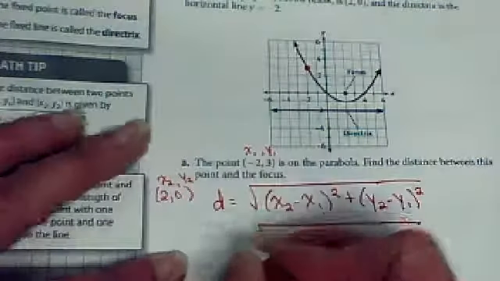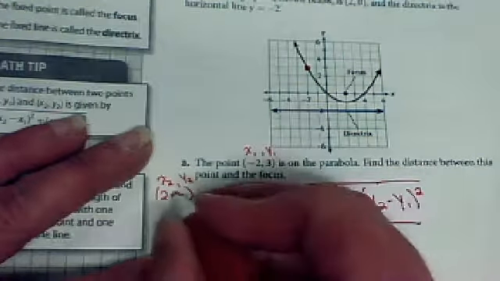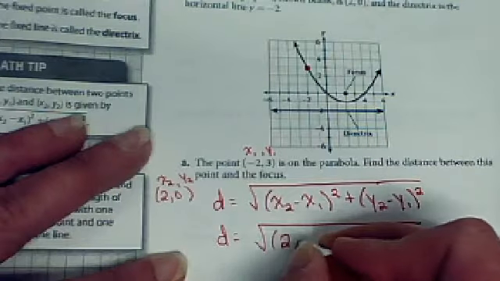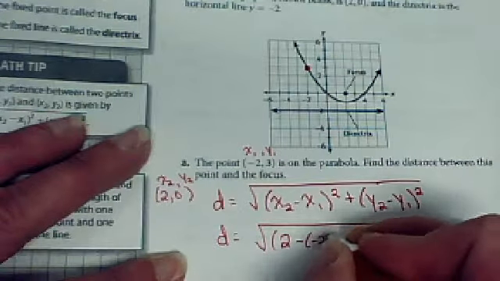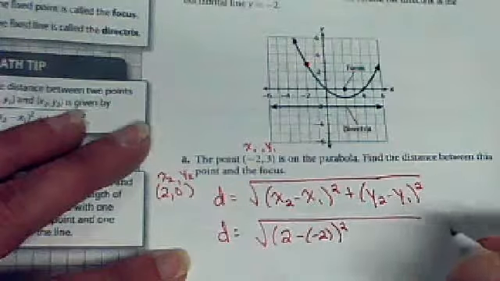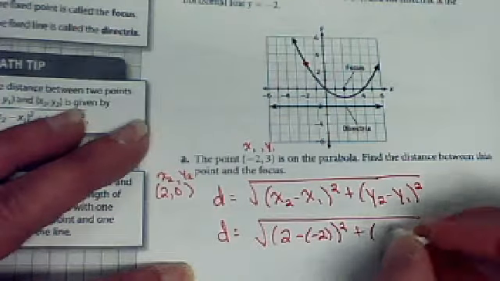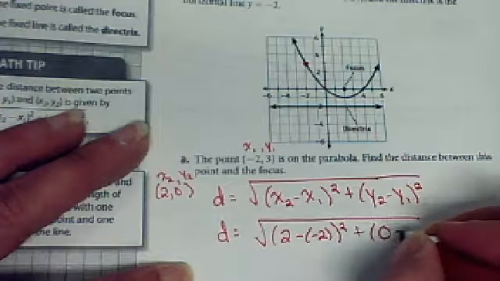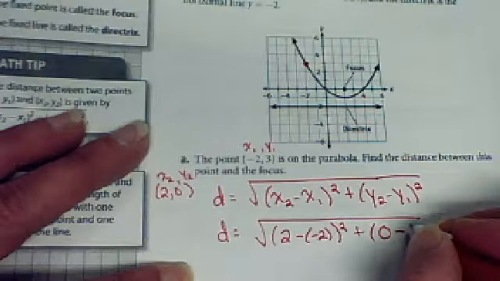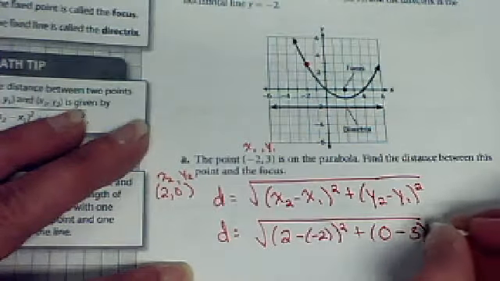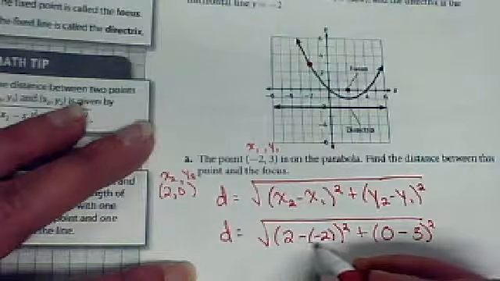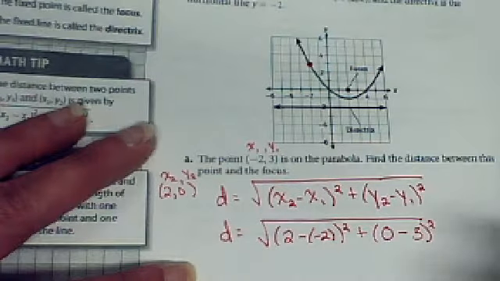So here's my distance. x2 is 2 minus a negative 2, and we're going to square it. Plus y2 is 0 minus y1, which is 3, and then we're going to square it. So 2 minus a negative 2 is going to give me 4.